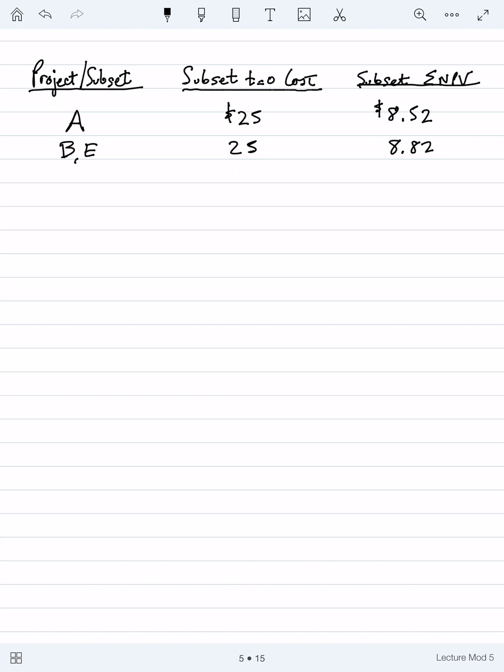So that's indicating maybe that's the movement in the right direction. And then I say, well, I could put in place projects B and F. Again, I use up the 25 million budget, and now I've got, this actually is 9.52 in net present value.